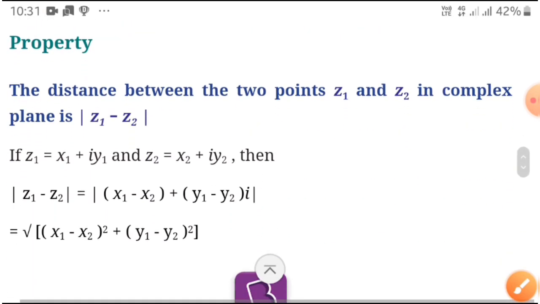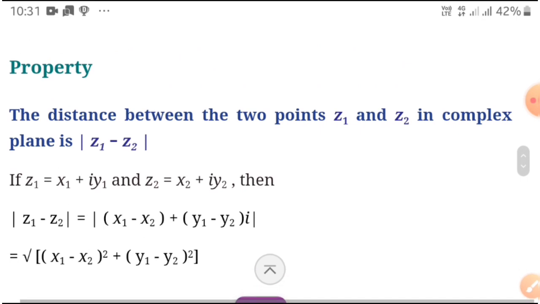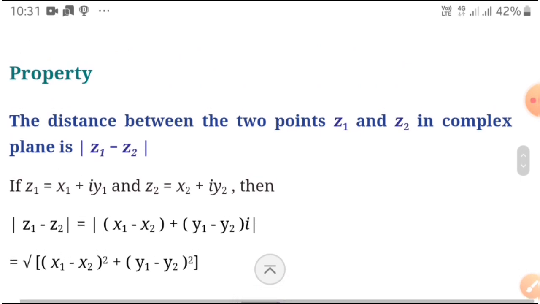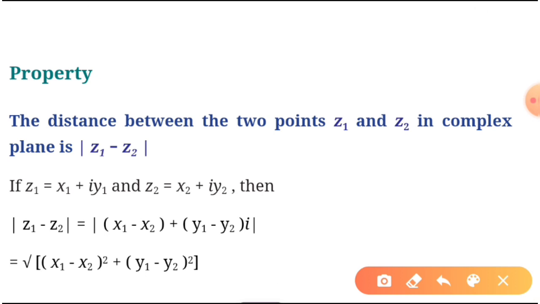The distance between the two points Z1 and Z2 in the complex plane is modulus of Z1 minus Z2. If Z1 is equal to x1 plus i y1, Z2 equal to x2 plus i y2, then modulus of Z1 minus Z2, what is Z1?